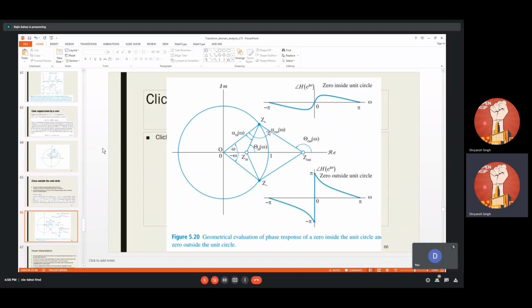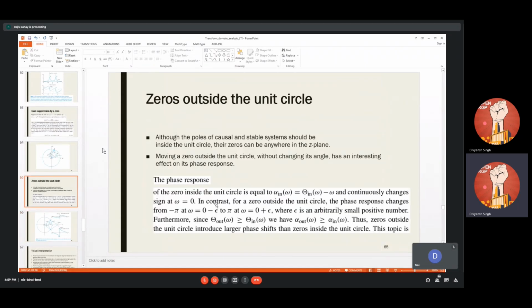That is why it is plus pi. As omega is increasing, this angle is smaller and smaller, right? But as omega goes close to 0, this angle starts to increase and finally becomes plus pi. So at omega equal to 0, it is plus pi.